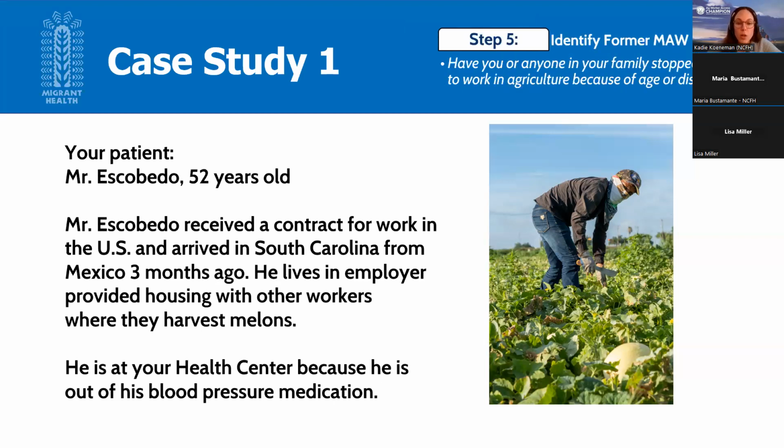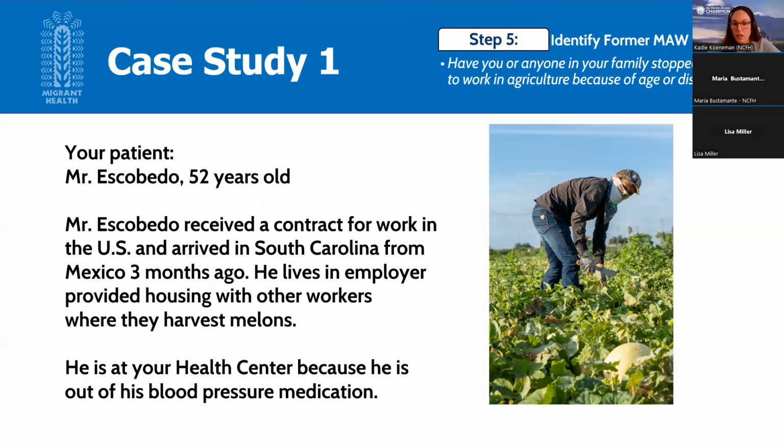The verification question here is, has this patient or anyone in this patient's family stopped migrating to work in agriculture because of age or disability? So yes or no, based on the information we have in this short description. Okay, seeing no's.